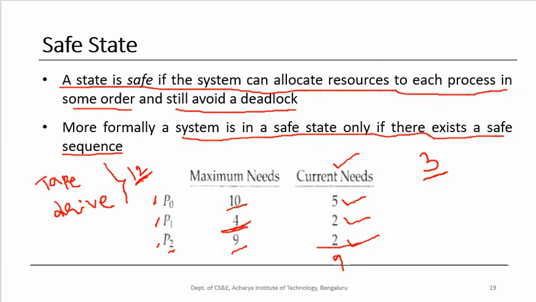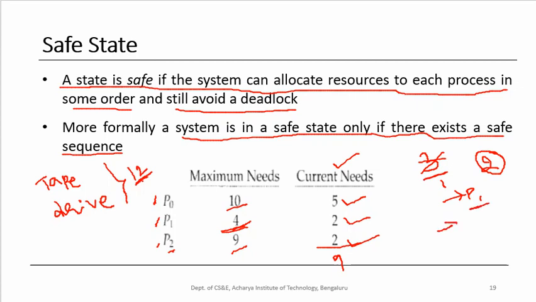So in the next time interval, the operating system can allot 2 more. Out of the 3, it can take 2 tape drives and allot them to P1, so that P1 can complete its execution, because it needs a maximum of 4 instances and it is given 4.